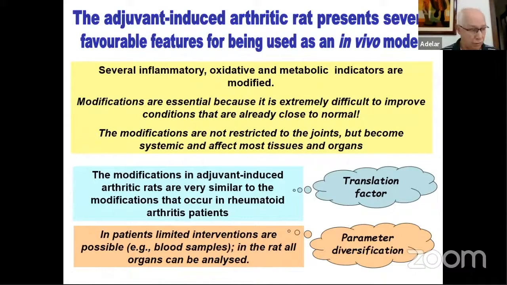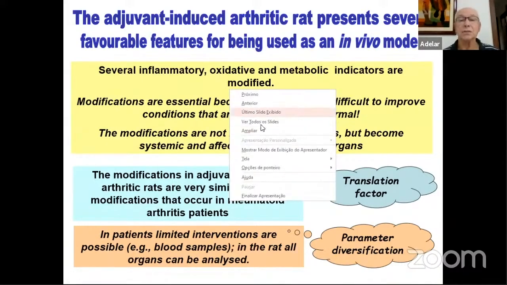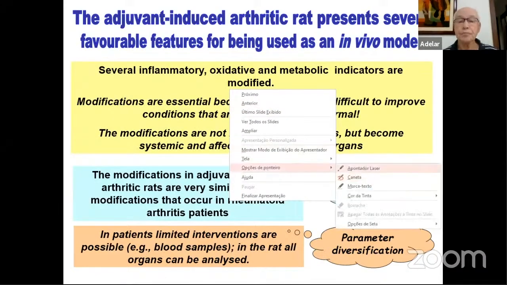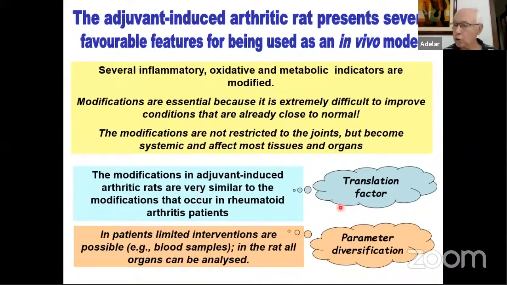The modifications in these rats, furthermore, are very similar to the modifications that occur in rheumatoid arthritis. This is important because this generates a translation factor. So you can translate, eventually, these results to rheumatoid arthritis patients.